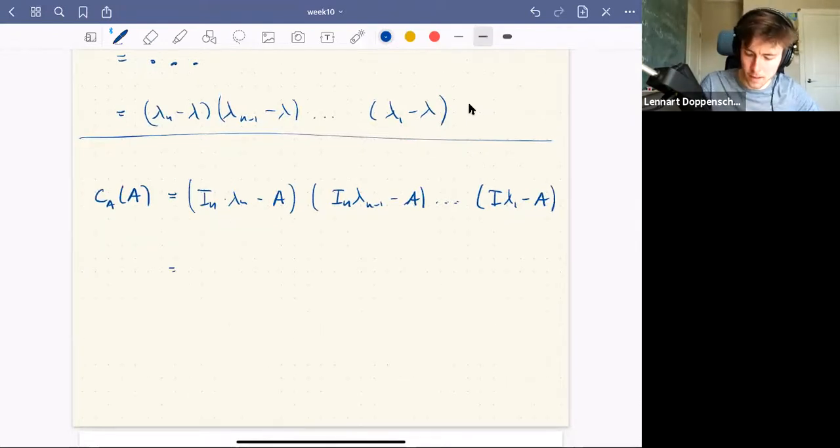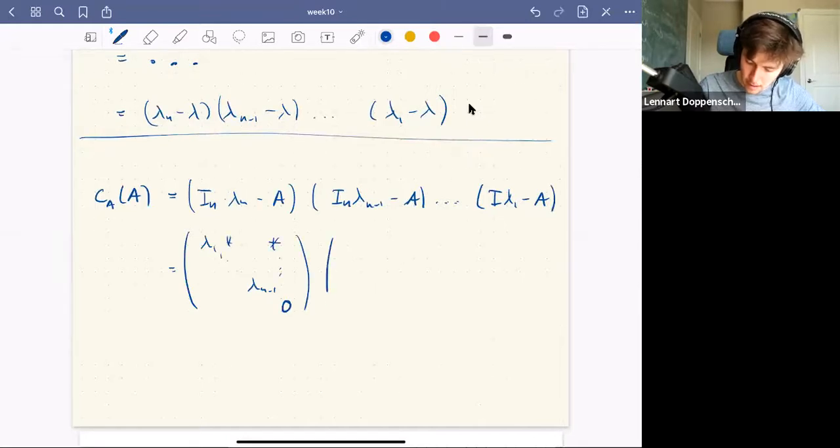Well, we'll see that each of these factors will look like lambda 1 to lambda n minus 1, and then we have a 0 on this and something here. And likewise here, actually, this is where I think I made a mistake before.